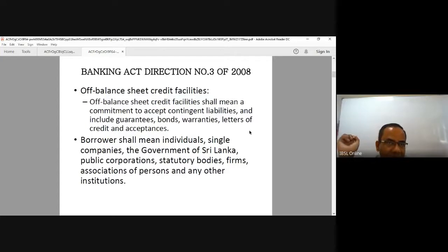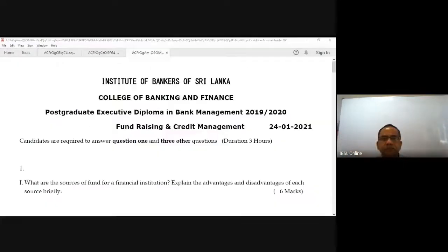The documents are presented as per the LC, right? Then we are liable. The bank which has opened the LC is liable. So LC liabilities are contingent liabilities. Then the other famous one is guarantees.